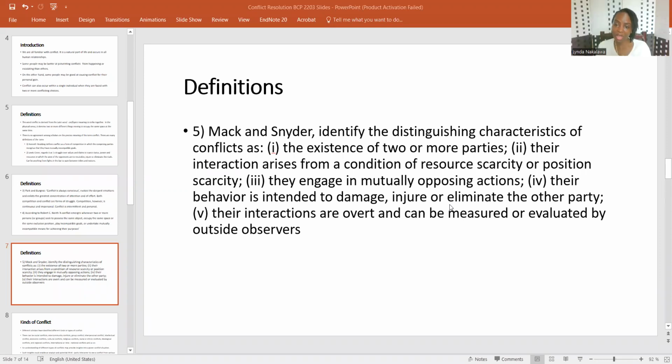But in reality, ask a counselor. In reality, there are some women who are very clever, and they are the ones who are causing the conflict. So an outside observer may not be able to actually evaluate this conflict.